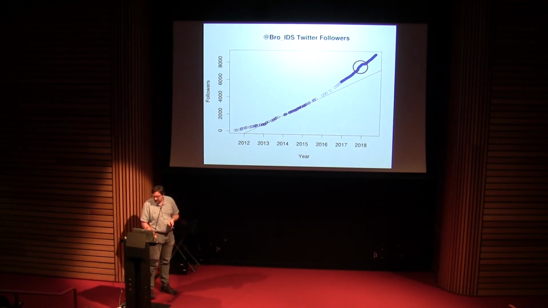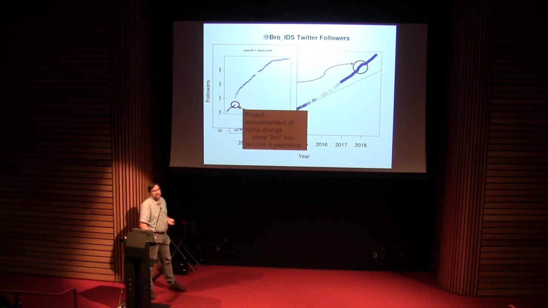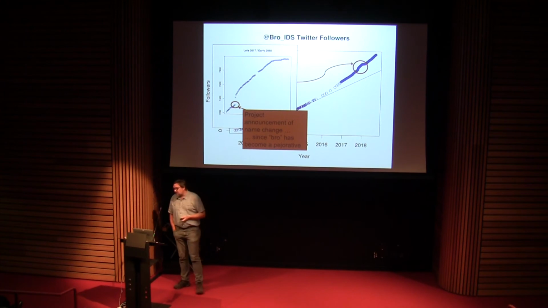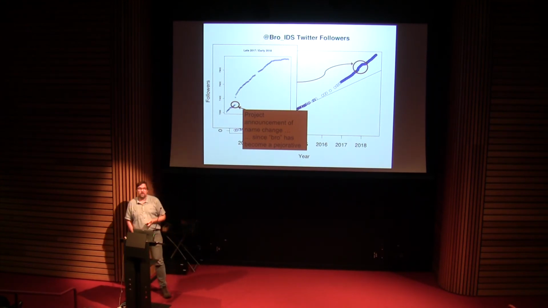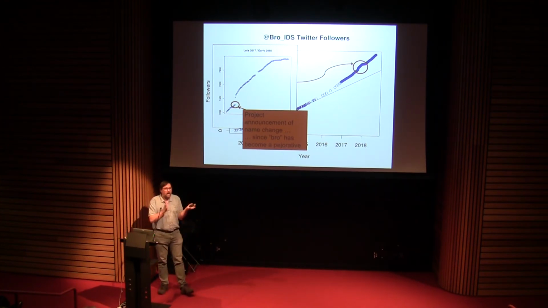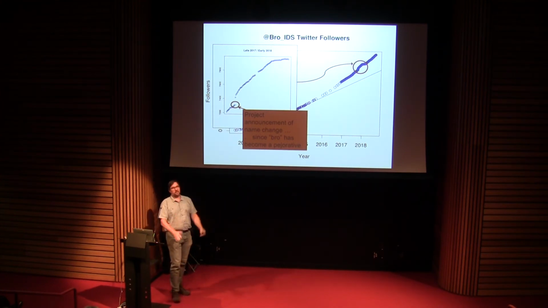This glitch here, I'll blow up. And that's really remarkable. If you're a data person, like, what the heck happened there? Well, that's the day we announced we're changing the name of the project. Bro has become this unfortunate pejorative, and it's really bad. We've had people come to the BroCon, which is the name of the conference, saying, I cannot get my management to take this thing seriously. I tell them, there's an open source project, it's called Bro, and they're like, you gotta be kidding.